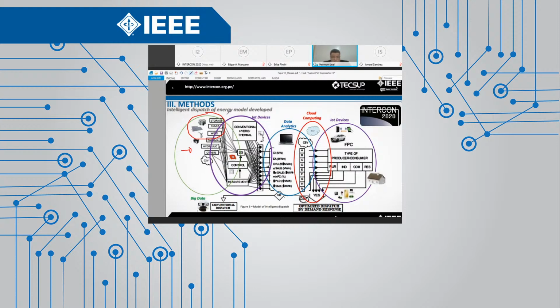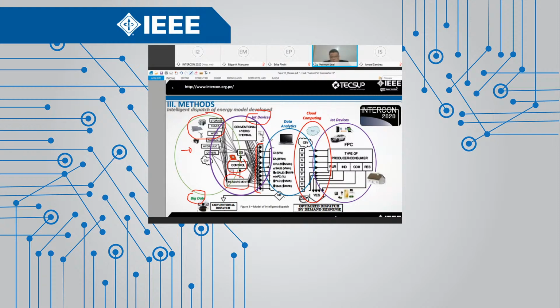The data of this type of energy can be controlled and measured, and this data will be sent to a hub, right? And this hub will be controlled by IoT devices. And we have, for example, the level of generation of solar photovoltaic energy, wind, thermal, and hydraulic, and this data will be sent to this hub.